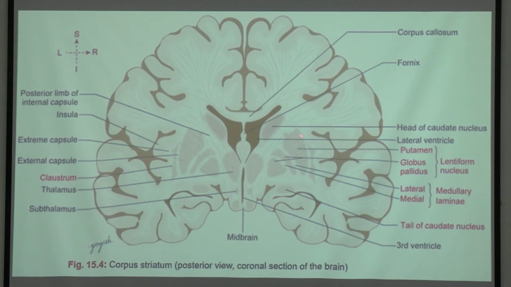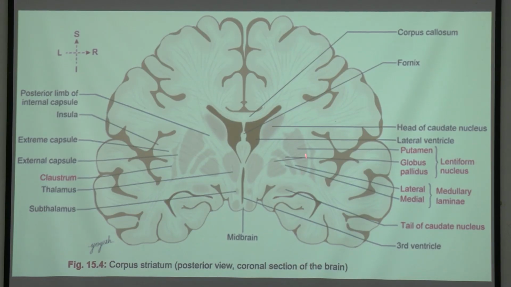This is one convex curvature, and you can assume there is another convex curvature here. So it is biconvex. It consists of two regions, the lateral region, the putamen, and the medial region, the globus pallidus.